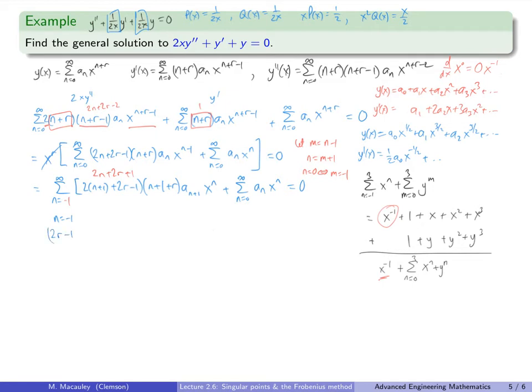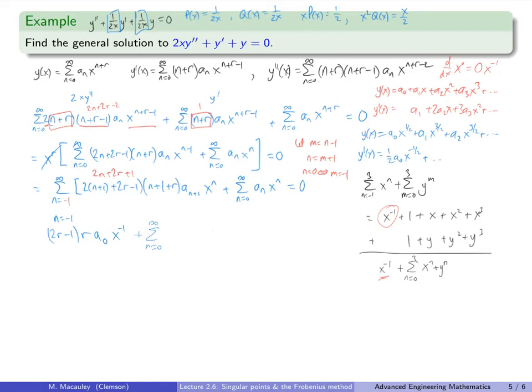2r minus 1 times r times a to the n plus 1, which when n equals negative 1 is a naught times x to the negative 1. So that's the n equals negative 1 term. And now I can add up the rest. So now I have the sum from n equals 0 to infinity. And what do I have here?